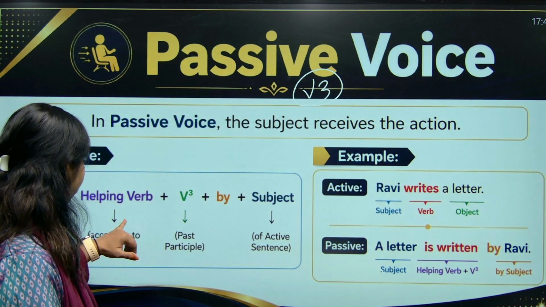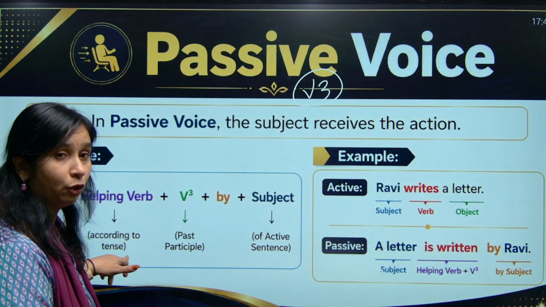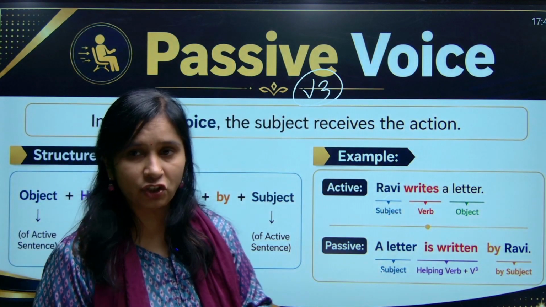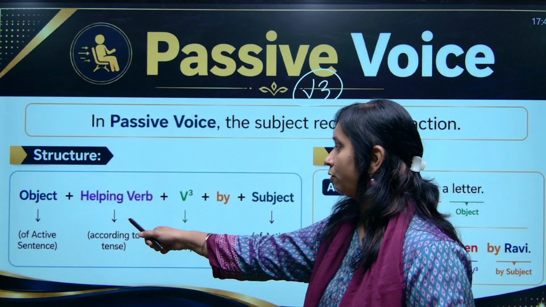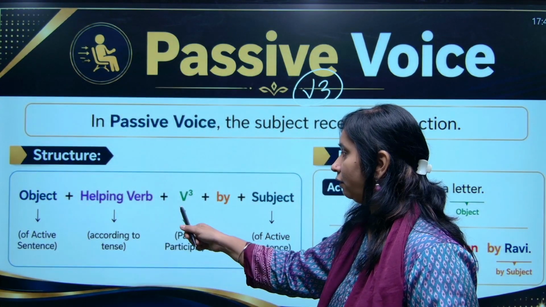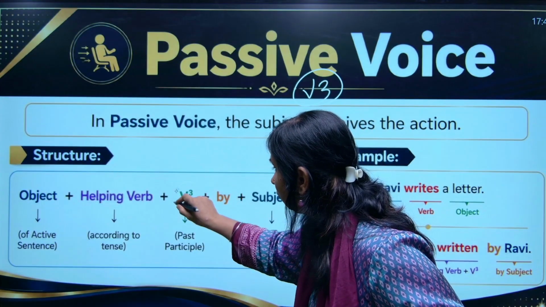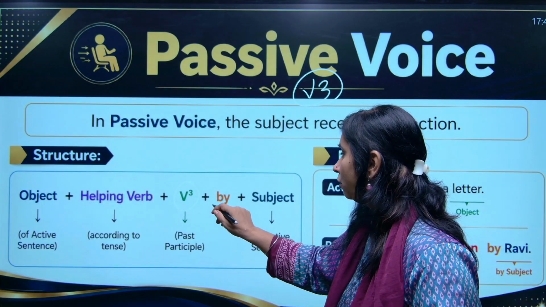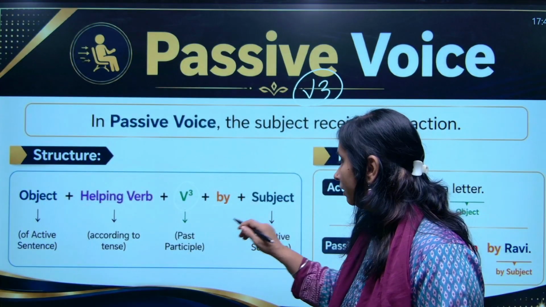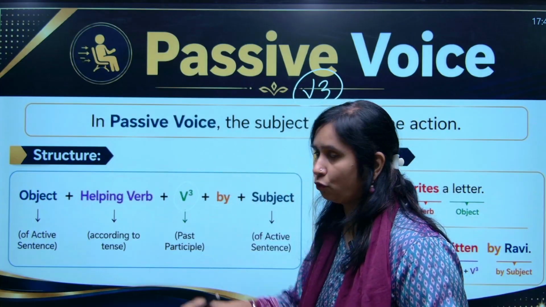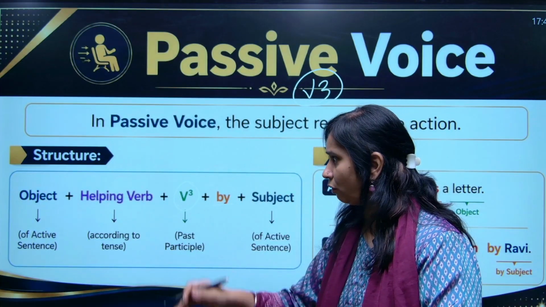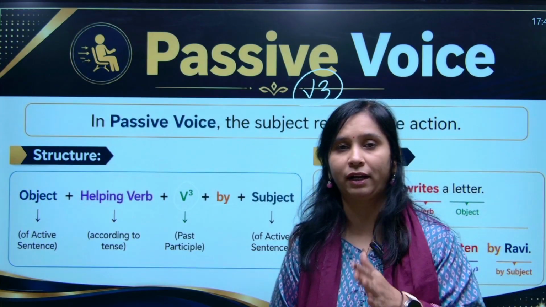Object plus helping verb. The helping verb we will use according to the tense. Tense will not change at all, but helping verbs will change accordingly. And then we use the verb's third form. As I said, the verb's third form. And the main important part is by. And then the subject, which was the subject in active voice.